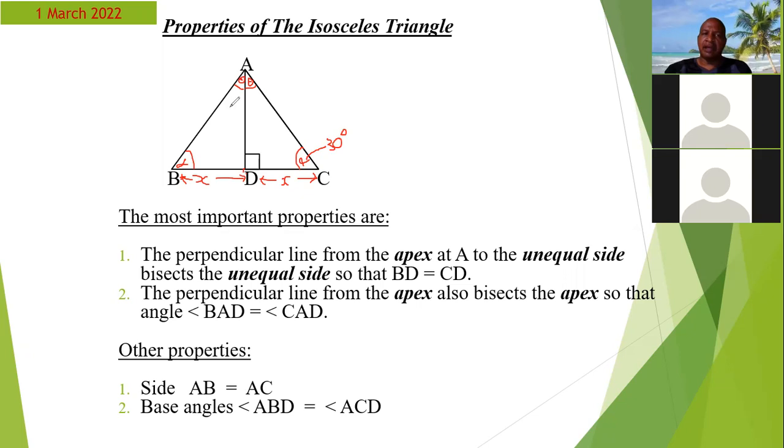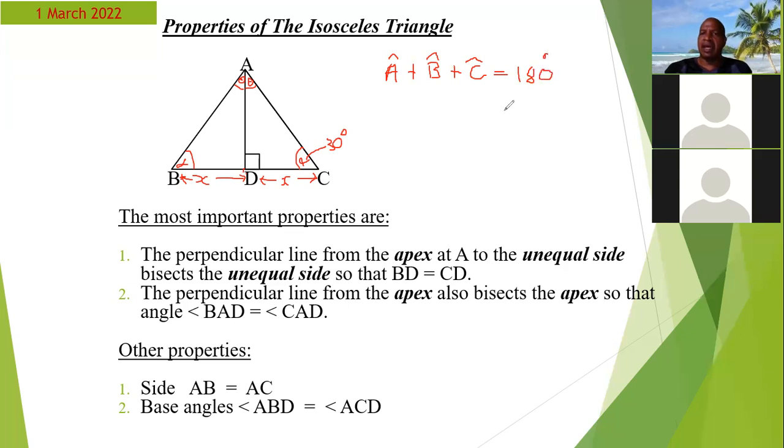So if we're thinking in terms of the isosceles triangle, we know that the apex angle A plus base angle B plus base angle C will add up to give you 180 degrees. So that is something that we know.